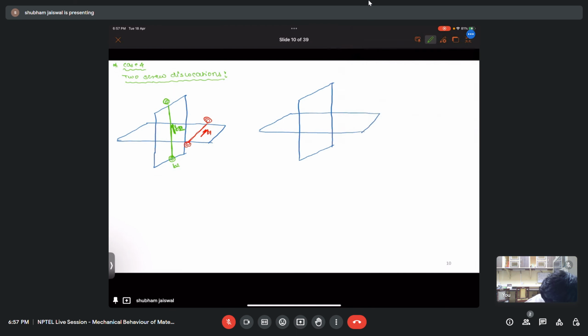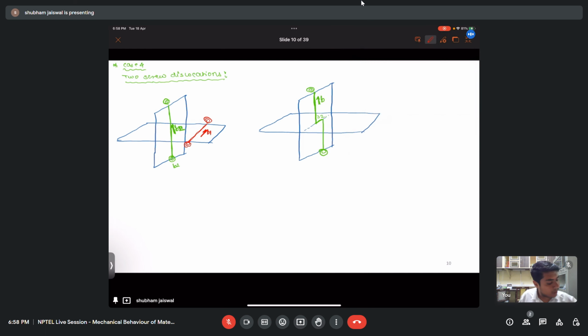So if I see this, this is my S2, and this is the direction of Burgers vector.